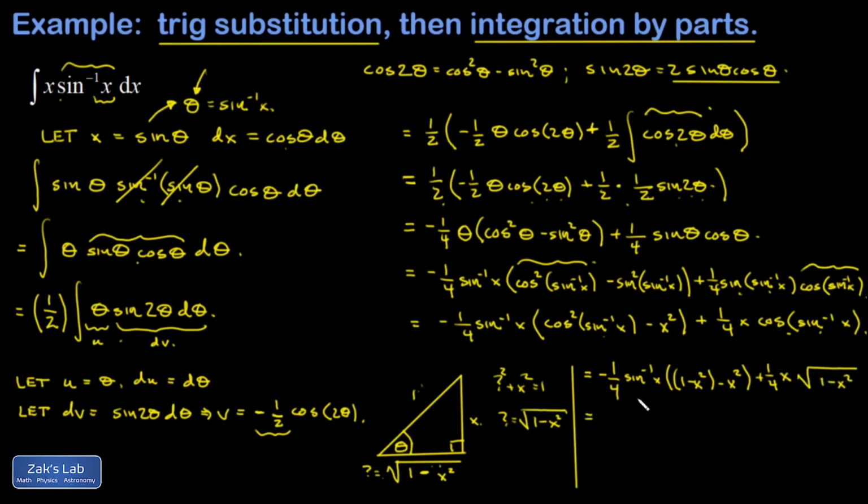So there's just a little bit left to do. I can combine the two negative x squareds in this term, and I get negative 1/4 inverse sine of x times the quantity 1 minus 2x squared plus 1/4 x square root 1 minus x squared plus c. And we're done.